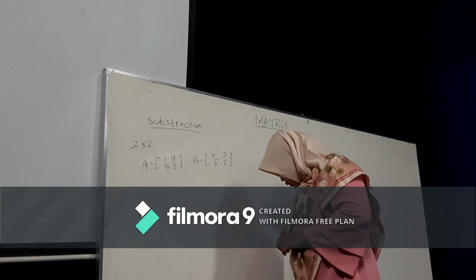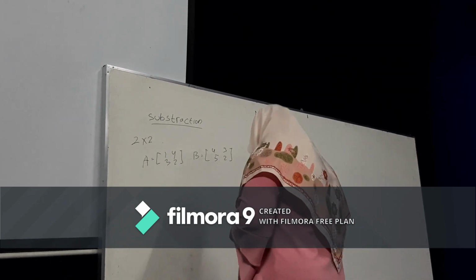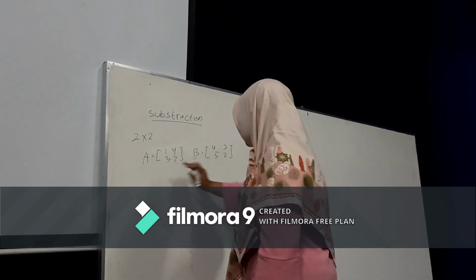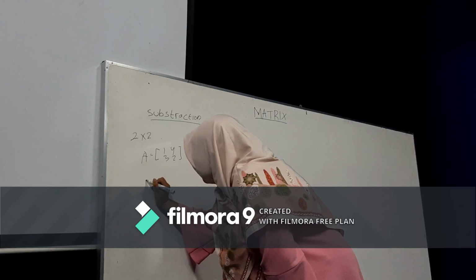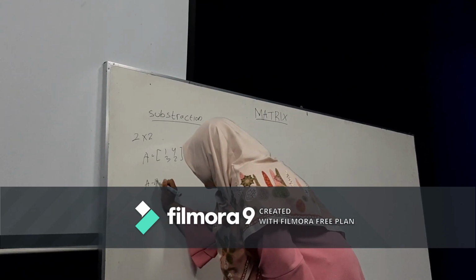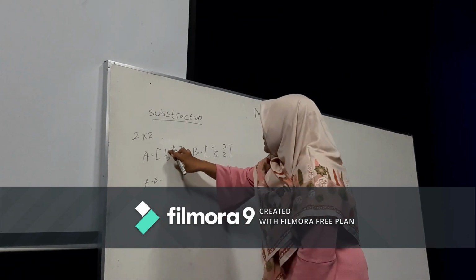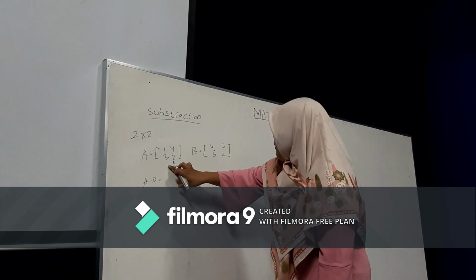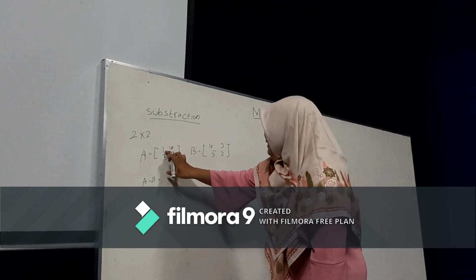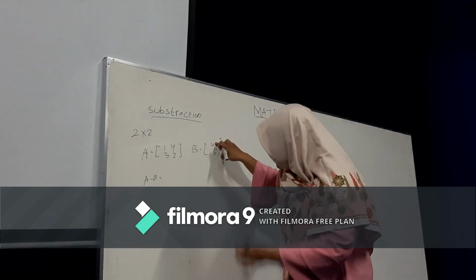So you are asked to subtract B from A. So A minus B is equal to, you just subtract this from this.